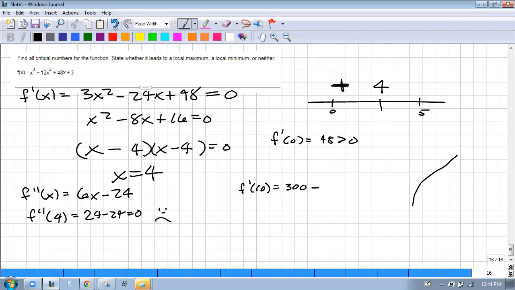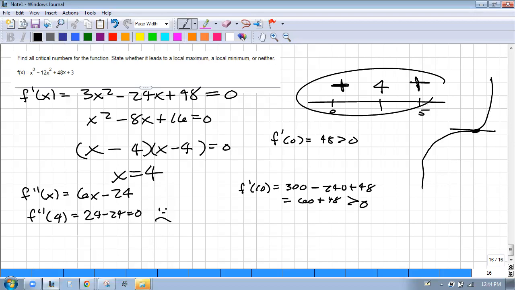And 10 times 24 is 240. So this is what? 60 plus 48 is positive. So this thing is positive and then positive. So what we're looking at is it's increasing, it's 0, it's increasing. So that means it's an inflection point. So it's neither a minimum or a max. All right, we got an inflection point going on. Y'all got that? Yeah.